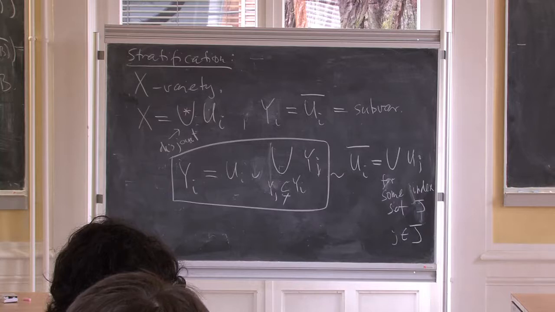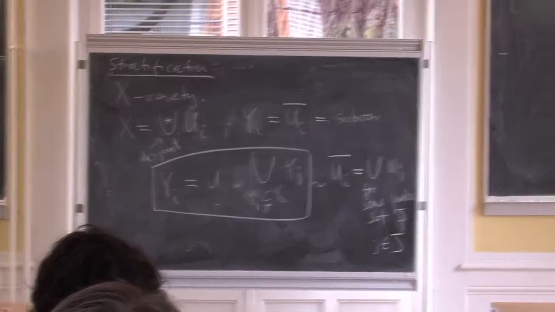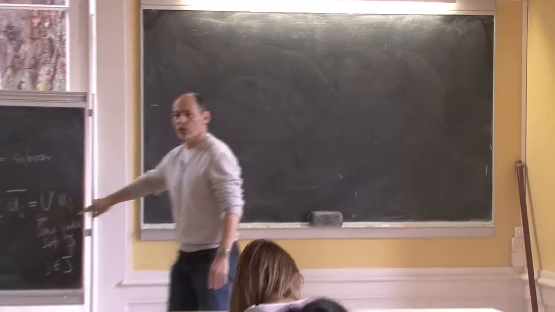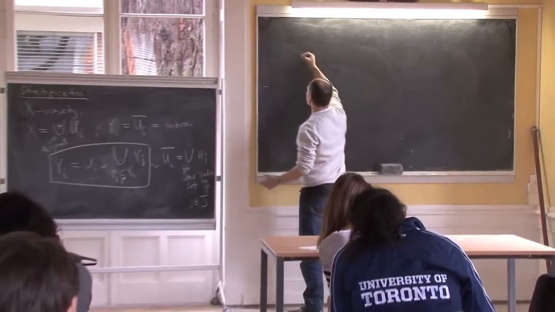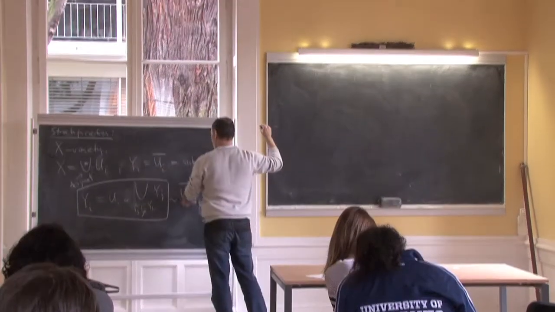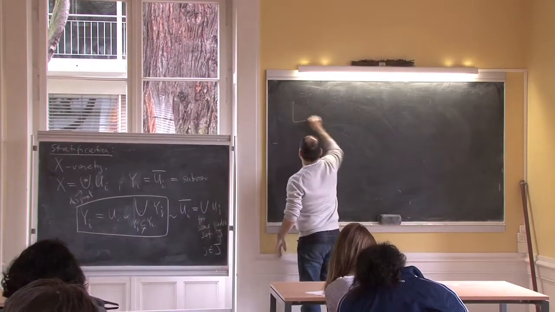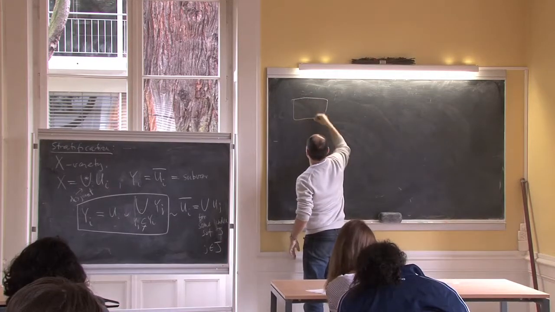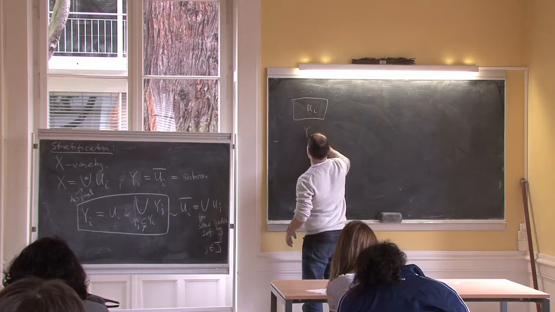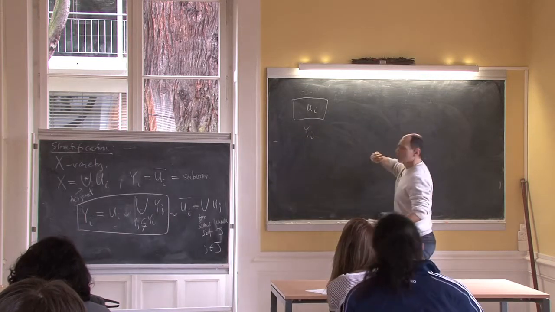Okay, so this looks complicated. This is actually not a very intuitive definition, but it's easy to understand. Let's look here. You have some set Y_i, and it has some open part. Say this is U_i, and this whole thing is Y_i. Now, what I don't want is the following.